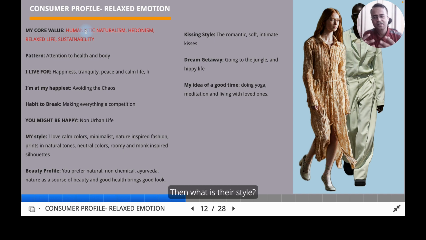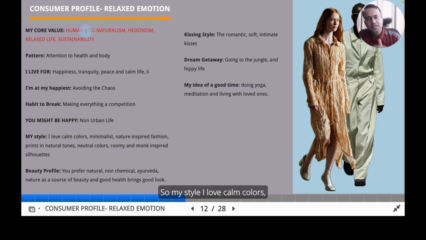Then what is their style? Whenever you're looking to build their style, their overall personality or persona, this question is very important. Whenever you are building your profile, they must answer this question.